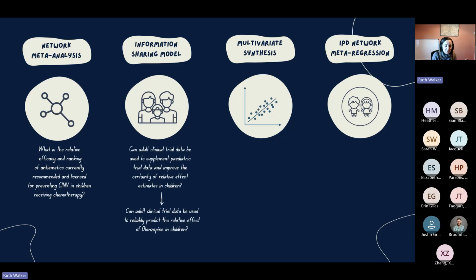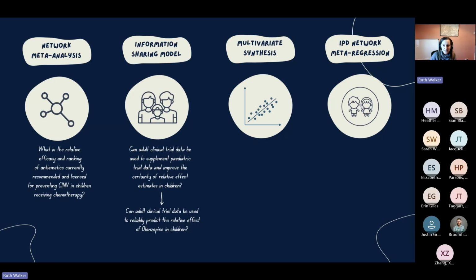I've then incorporated adult evidence into the networks of children. This is done using an information sharing model, which extends the network meta-analysis model to include 2 separate but related populations. The rationale for this is to see if we can borrow strength from the adult population to improve the precision of the estimates in children. This particular model was done avoiding the assumption that the populations respond the same.